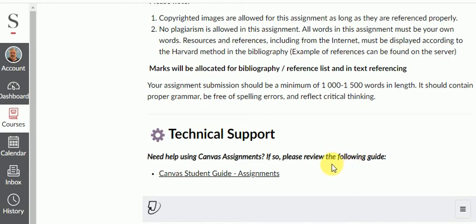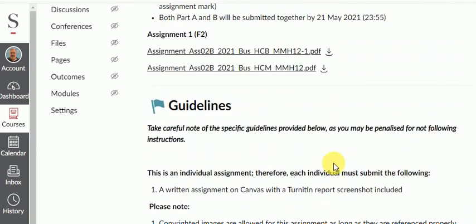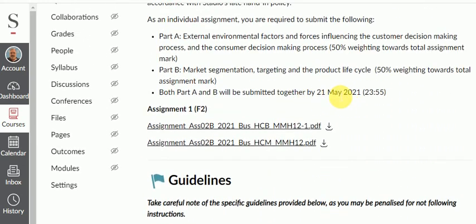There's no time limit on it, apart from the fact that it has to be submitted by the 21st of May. But this offers you an opportunity to not work under pressure, but just provide me with the correct answers or the most sufficient answers for each of the questions.